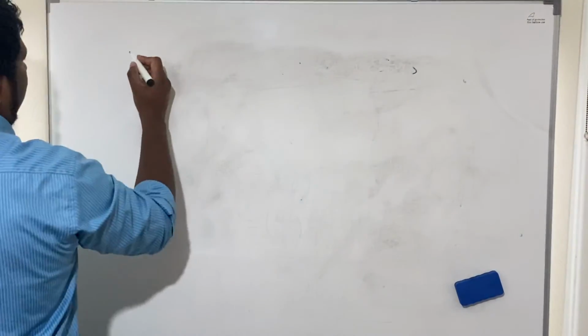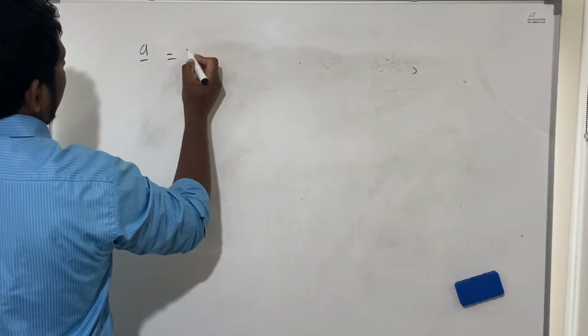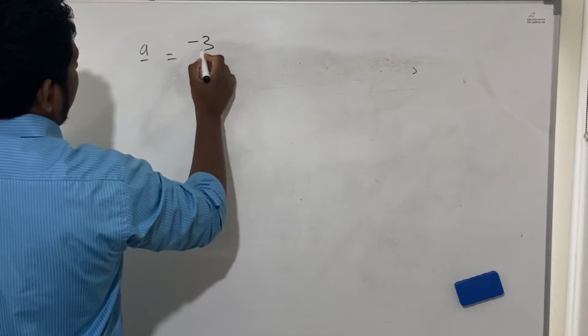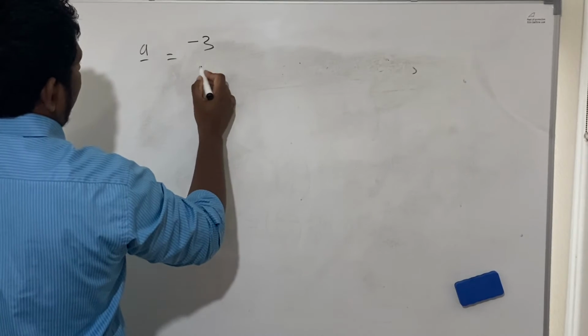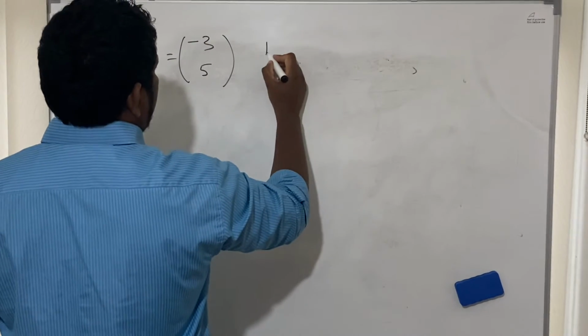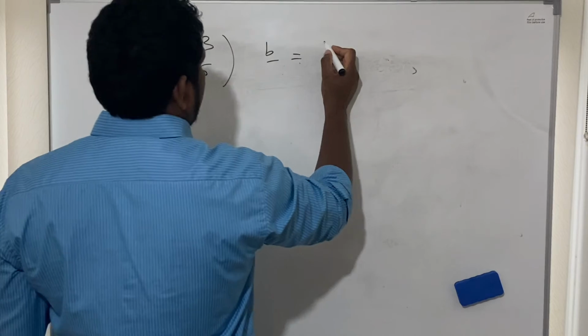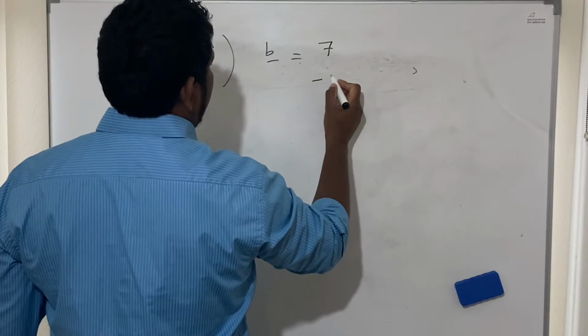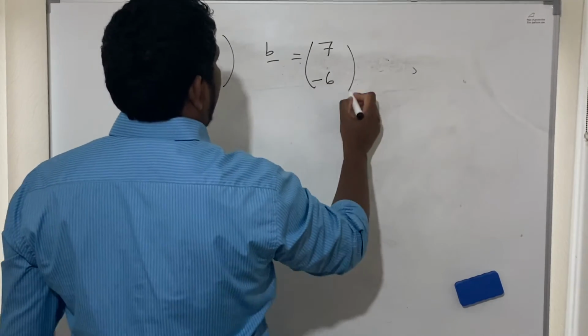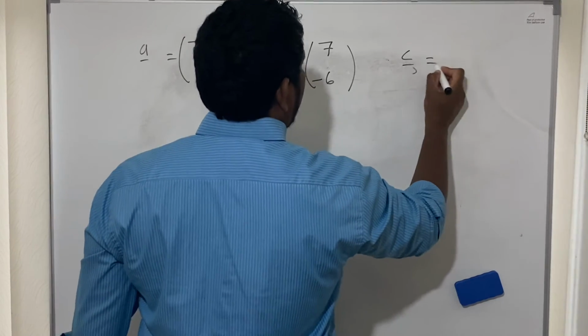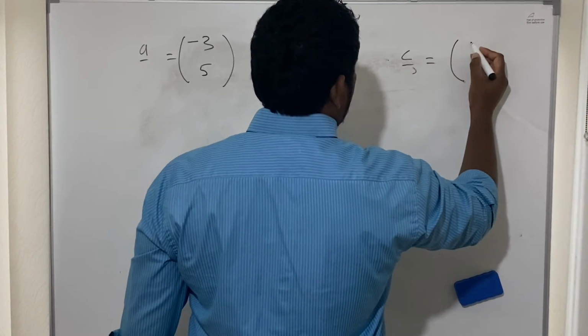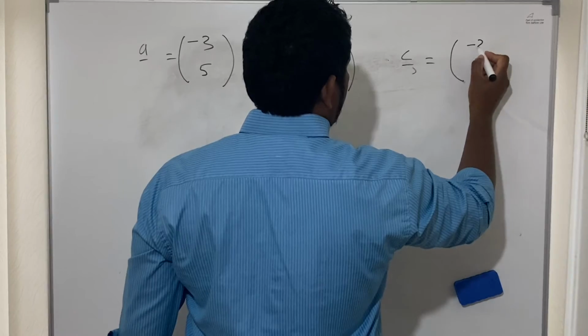For example, we have vector A is -3 and 5, and vector B is 7 and -6, and vector C is -2, 0.